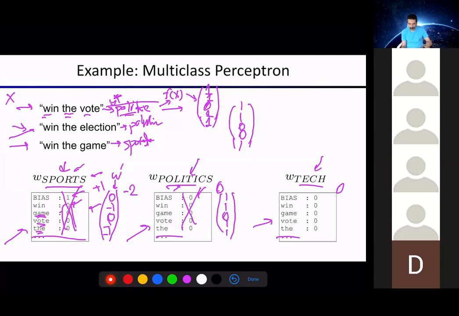So for this it is 1, 2, 3, right? And for this, obviously, 0, right? So for this, what was the correct label? Politics. What was the label that was produced by the current version of the classifier? Politics. Is it correct? Yeah. Do we need to make any change?